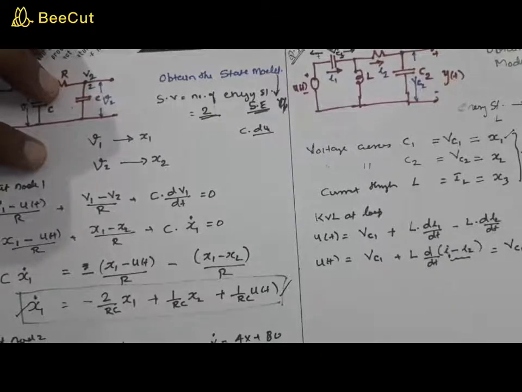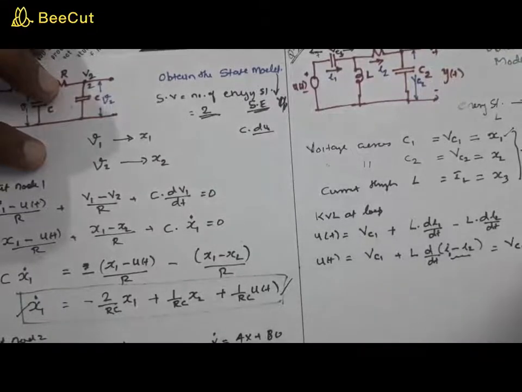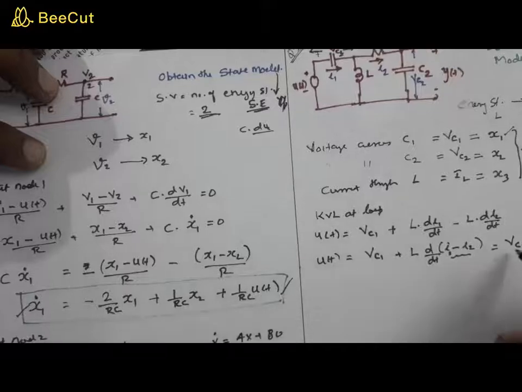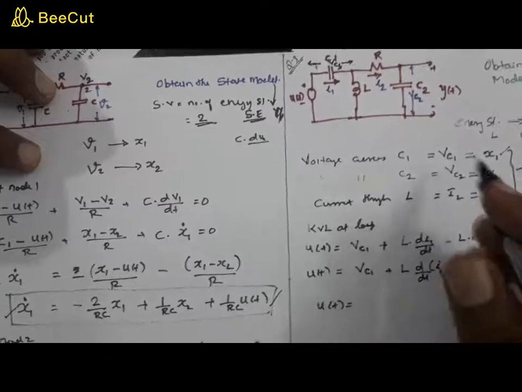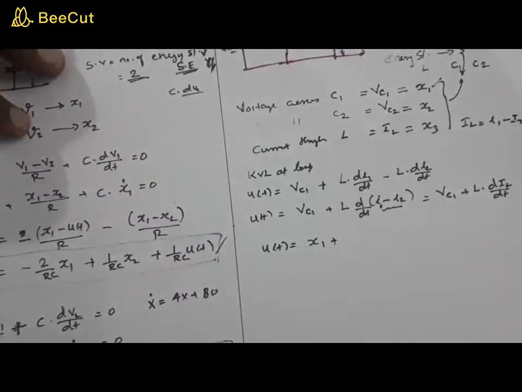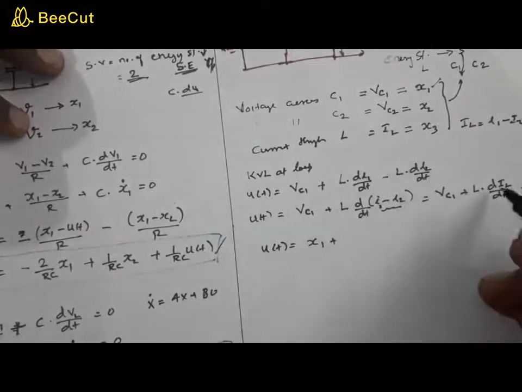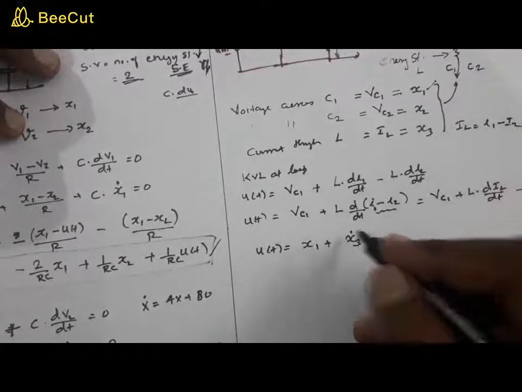So this is your equation. It can be written as u of t is equal to VC1, which we have already assigned to be x1, plus L into dIL by dt. IL is assumed to be x3, so it is dx3 by dt, or x3 dot.